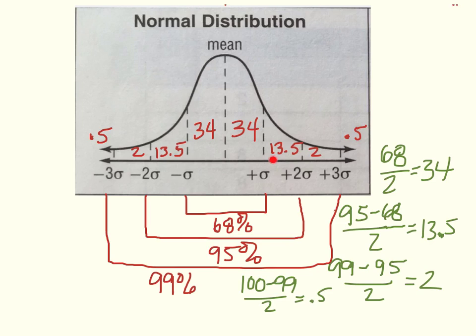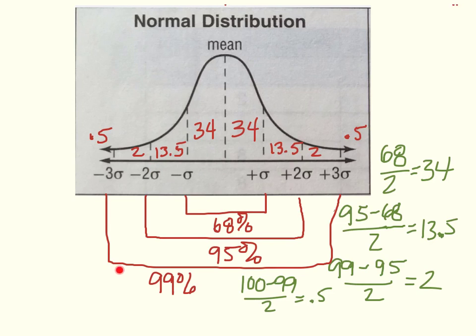So 13.5% of the data falls between +1 standard deviation and +2 standard deviations. 13.5% of the data will fall between -1 standard deviation and -2 standard deviations.